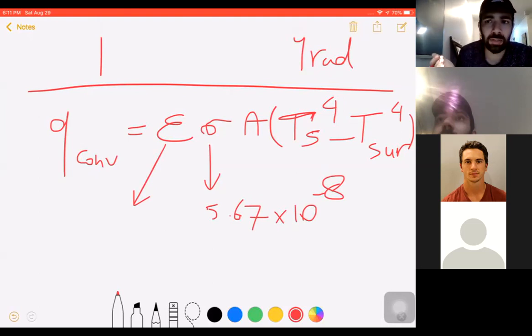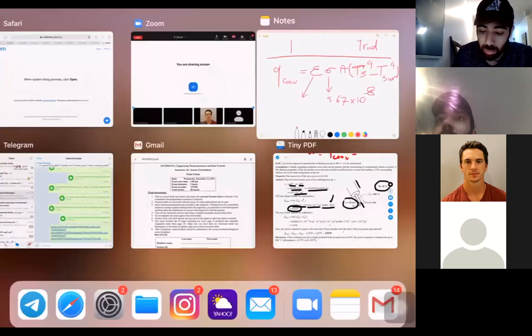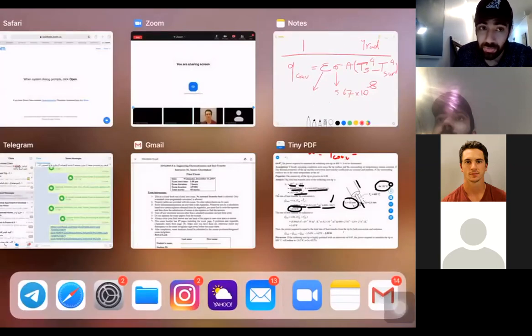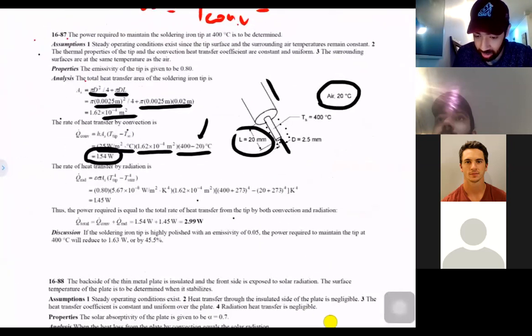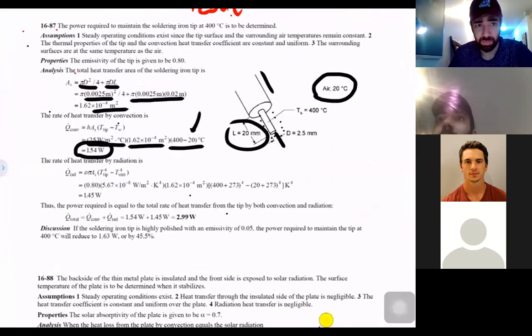But if it is, for example, fiberglass or other materials, it is something between 0 and 1. What you have to do here is go to the tables and check the emissivity constant for the material you are asked about.